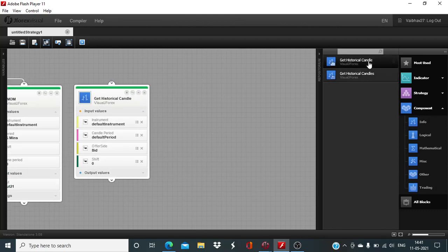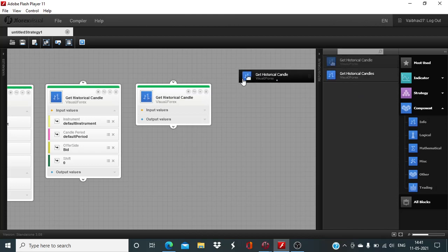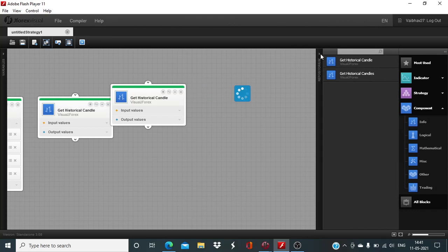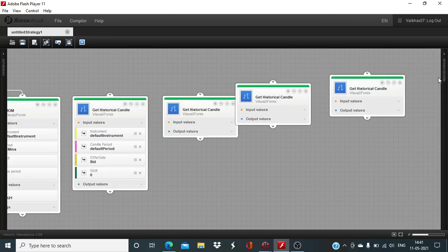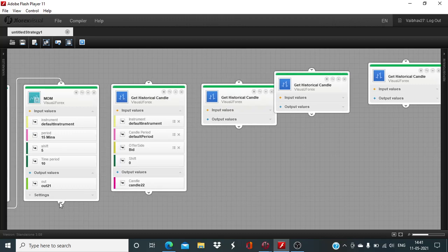We are going to need 4 of these, one of hourly time period, another 15 minutes, and 2 of 10 seconds, as is the customary practice. In most of the sessions also I have used these 10-second blocks to pinpoint the exact entry point while placing the order.